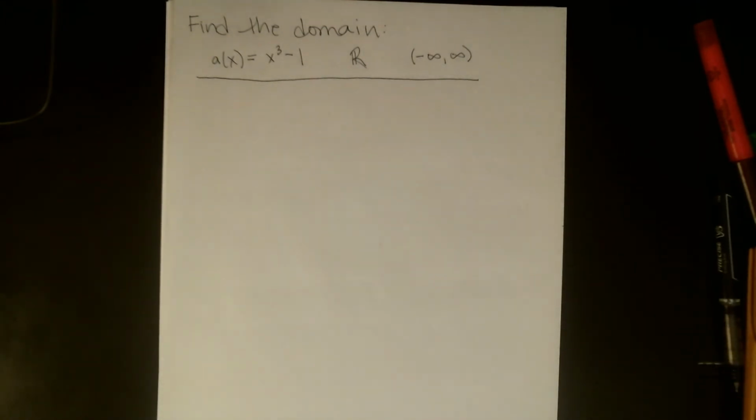Linear functions, always going to have a domain of all real numbers. All of our quadratics, in fact, any polynomial, so any function that involves adding and subtracting terms who have variables with positive integer powers, that sounds really complicated, but basically quadratics, cubics, fourth degrees, all of those have a domain of all real numbers. Okay, let's look at another one.